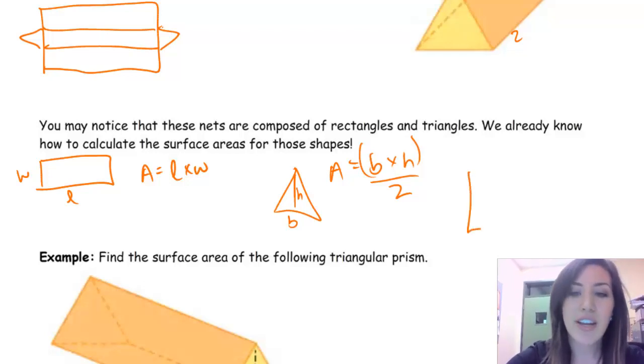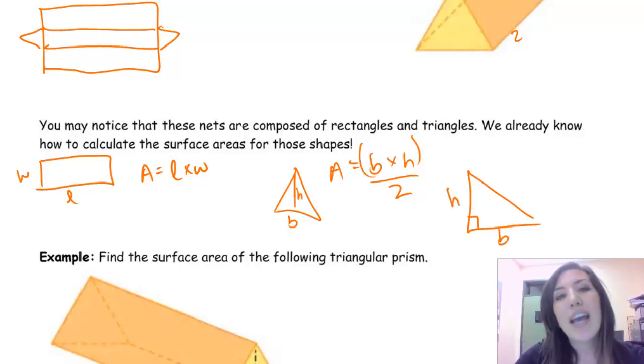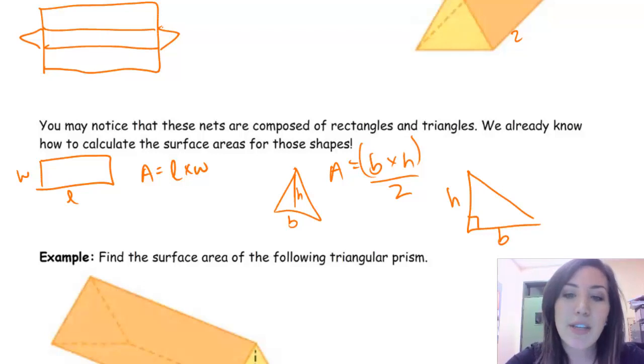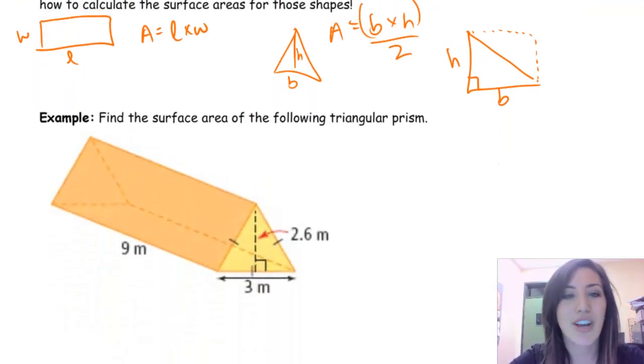You could also have a right triangle, and if you have the height here and the base here, the reason we divide by 2 is that if you finish off that other side, that would make a square. So a right triangle is really just half of a square, and the 2 legs can act as your base and height. That's a little trick if you run into that kind of triangle.